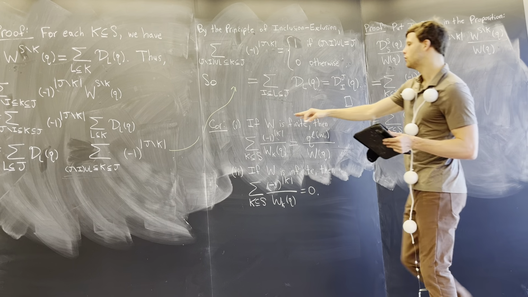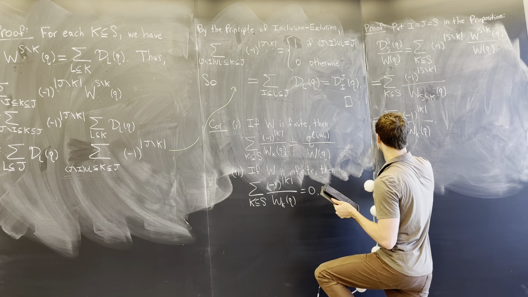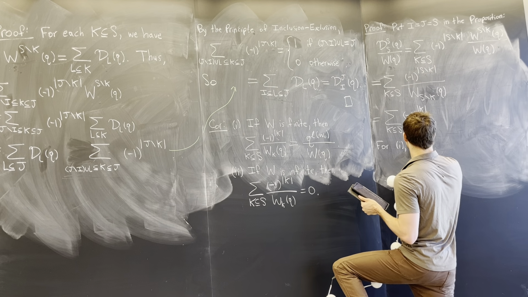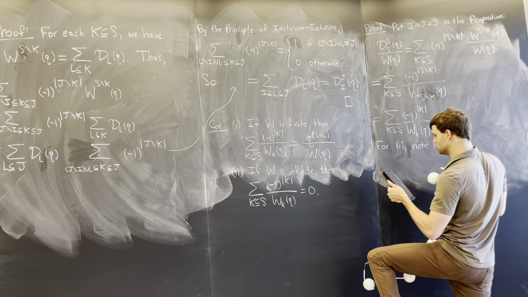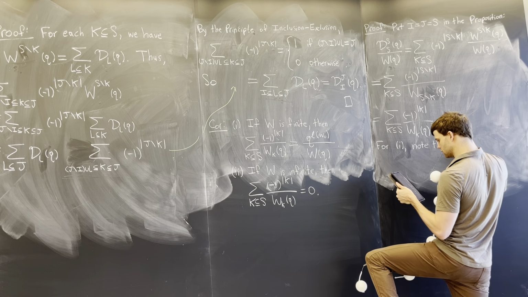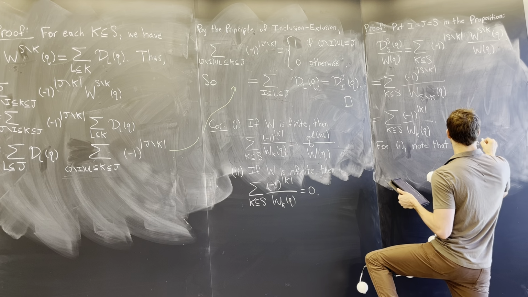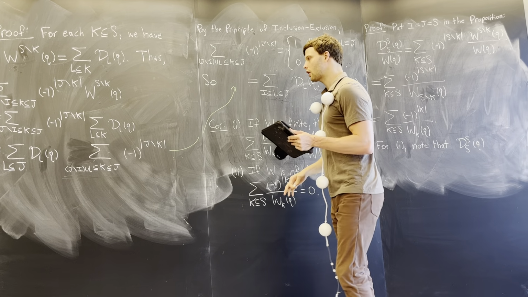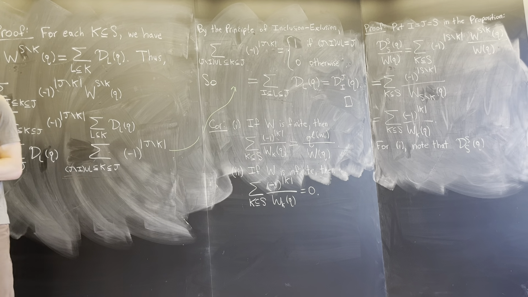And now if I want to prove part 1 in this corollary, I just note that, well, what is d_SS of q? In this case, W is finite, so I'm summing over all elements whose right descent set is exactly the entire set of simple reflections.